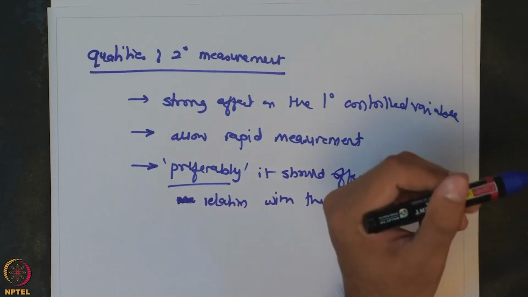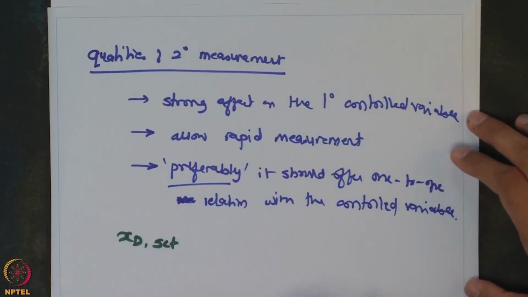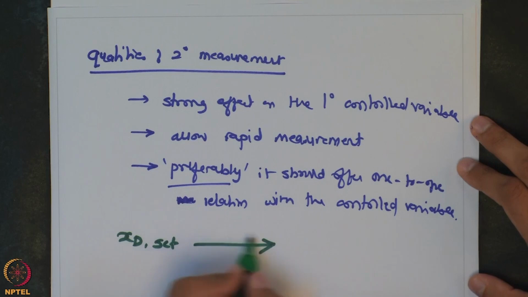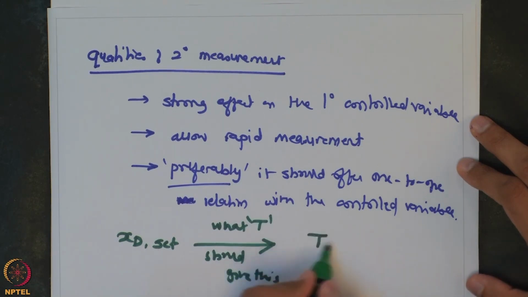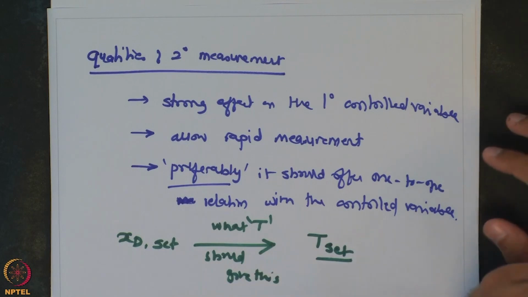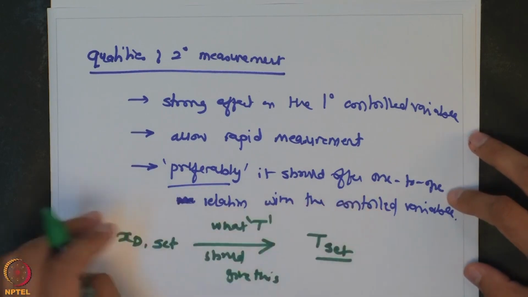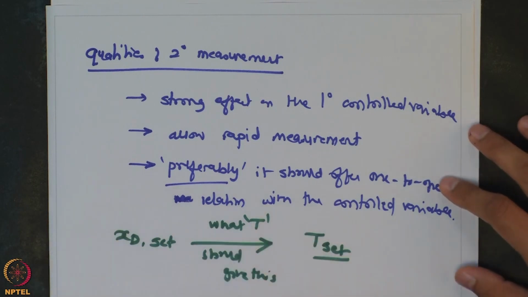What I mean by this is, if we again go back to this example, if I want my xd to be maintained at xd set, and if I want to back calculate what should be my t, then it should give me a single value of t set. So it should be one-to-one mapping between the primary and secondary controlled variable, so that you can always solve this system in order to get the secondary measurement.